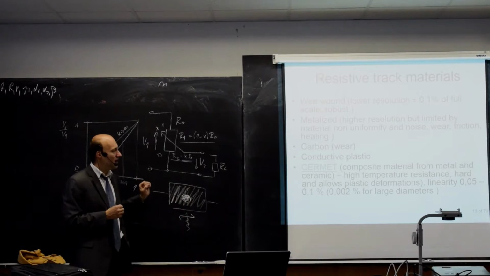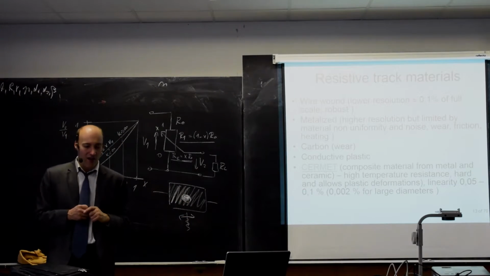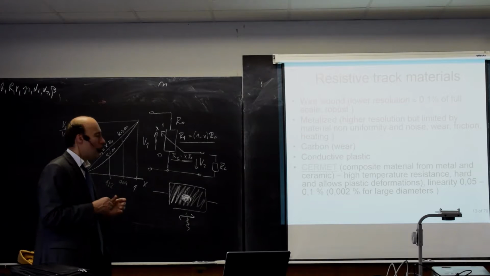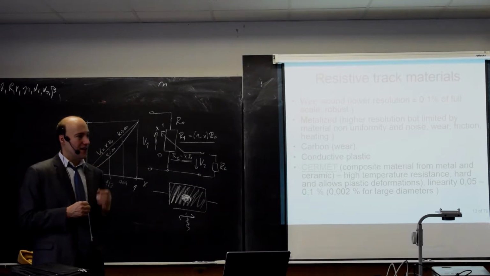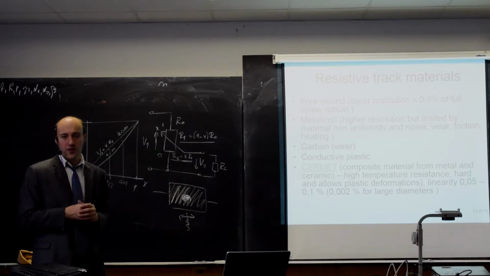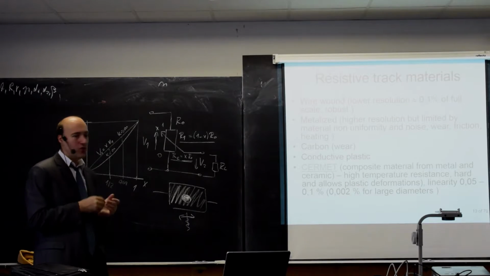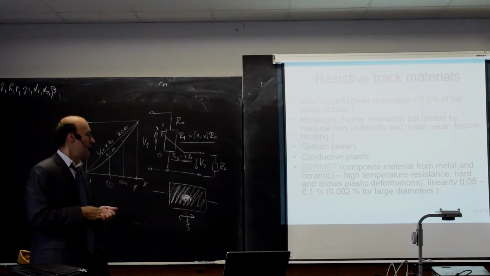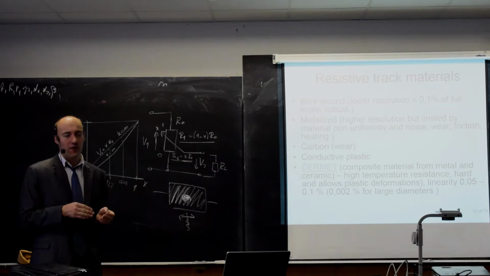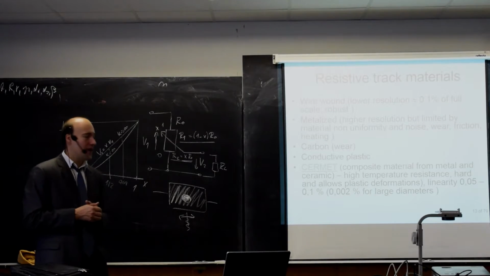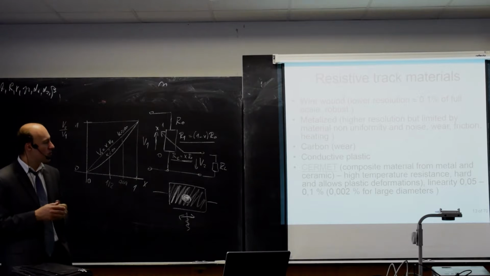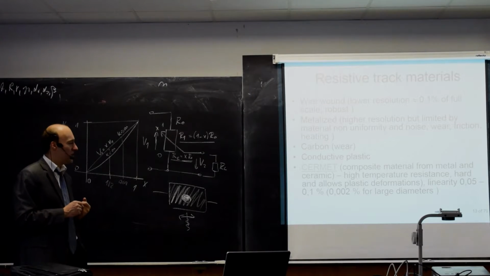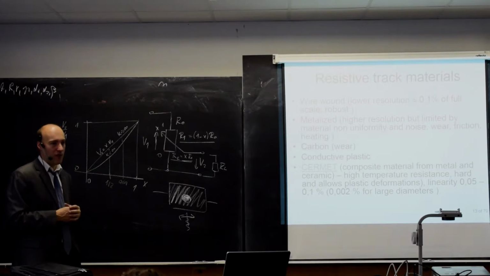So carbon variable resistors are good for low-cost applications, such as volume control, for example. You can use a variable resistor to control volume of an audio signal in an amplifier. But they are not good for industrial applications where you will have vibrations.